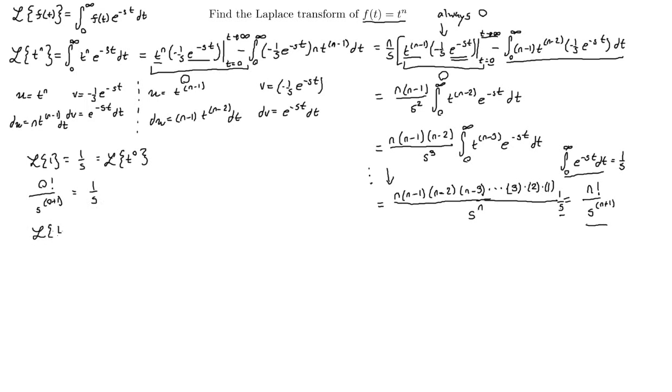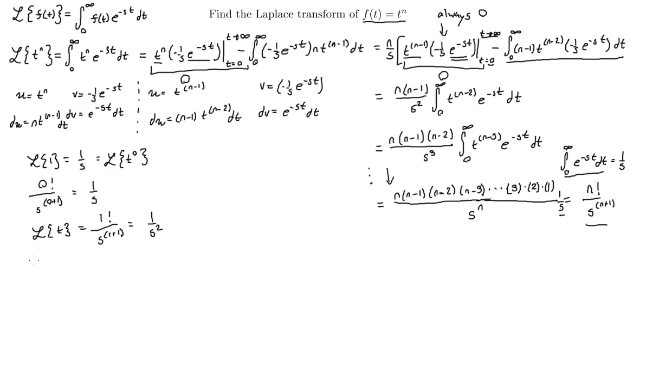And if we do the Laplace transform of t, we get, okay, well, we get 1 factorial, and then over s to the 1 plus 1, which is just 1 over s squared, right? So, hey, we got a good match here.